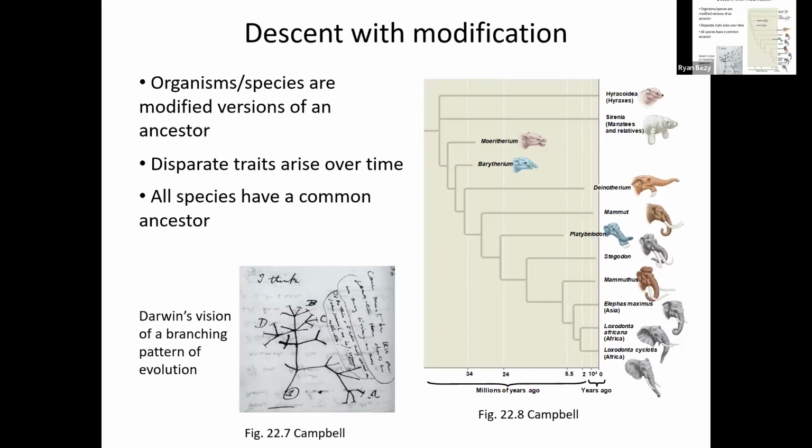Okay. So descent with modification is something that Darwin spends a lot of time on, and he gives several different examples of this in his book. For instance, one of the things he noticed, again some biogeography evidence, is that if he looked at an island and then at the closest continental mainland, and he found some species on the mainland, he found some similar but different species on the island. What he proposed is that at some point there were species, plants and animals, on the continent.